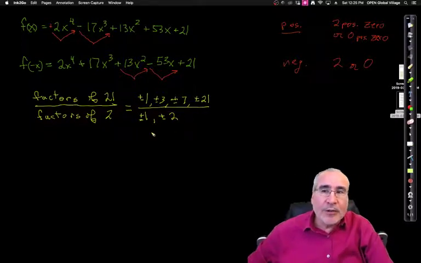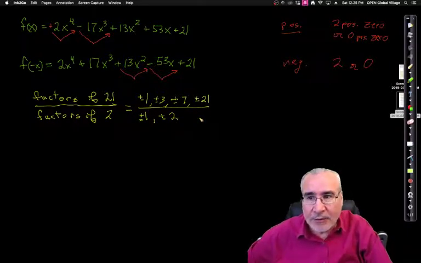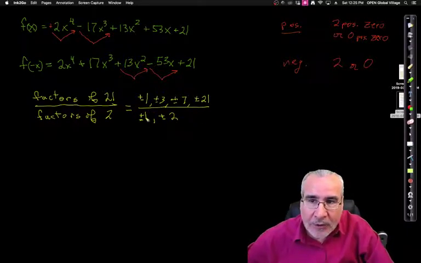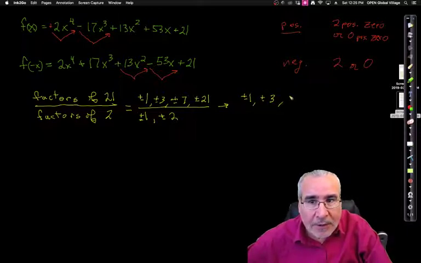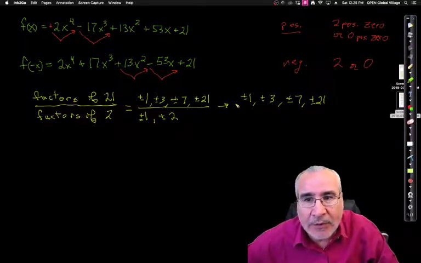And then the potential zeros are the combinations of all of these. So using the 1 in the denominator, we could have the values of plus or minus 1, plus or minus 3, plus or minus 7, plus or minus 21. So that gives us 8 actual different options, depending upon positive or negative.